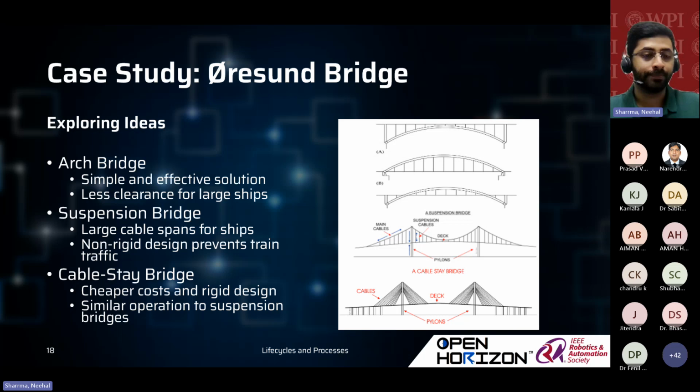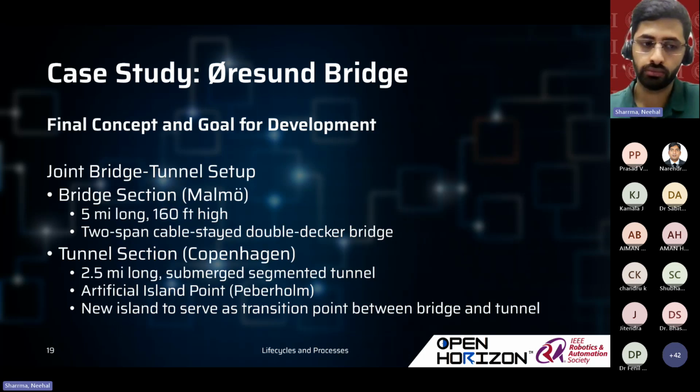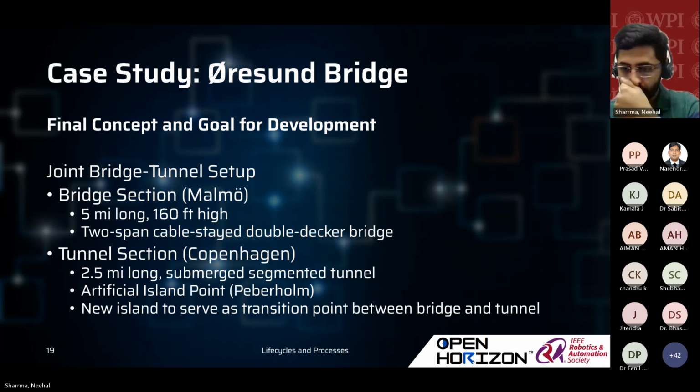Right. So now that all this was done, the final concept was a joint bridge and tunnel setup where from Malmo we would begin with the bridge, which would be a cable stayed double decker bridge. Once you reach the middle of the Öresund, it would transition into a tunnel.